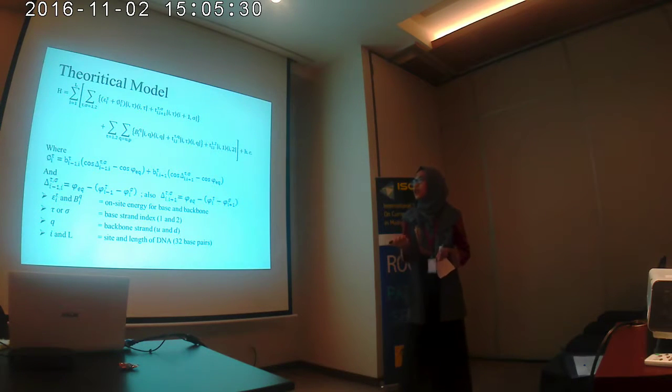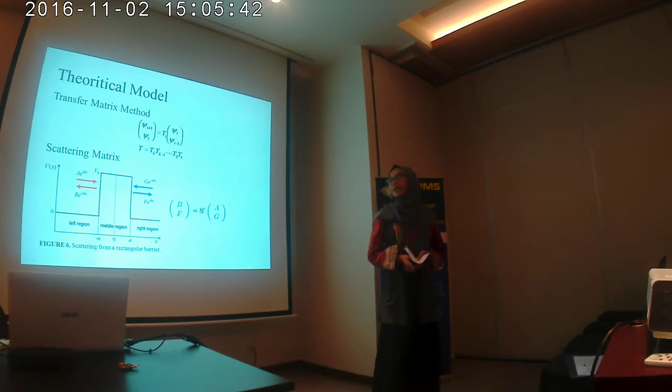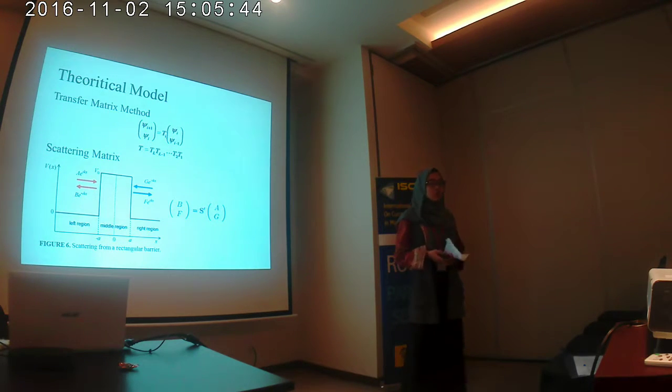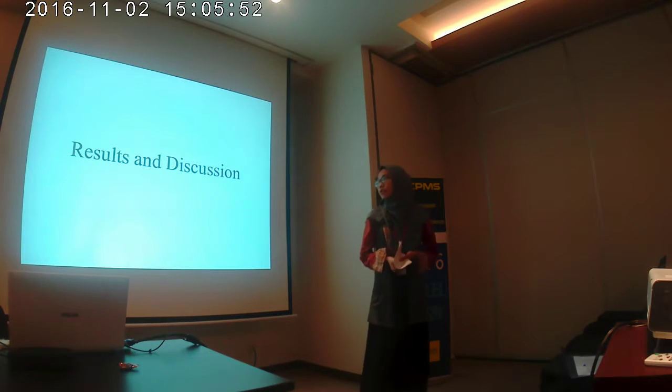It is also the tight-binding Hamiltonian that we use, which was also discussed earlier. Besides the transfer matrix method, we also use the scattering matrix, which is used to observe conductivity in the molecule. So, we are going into the results and discussions.